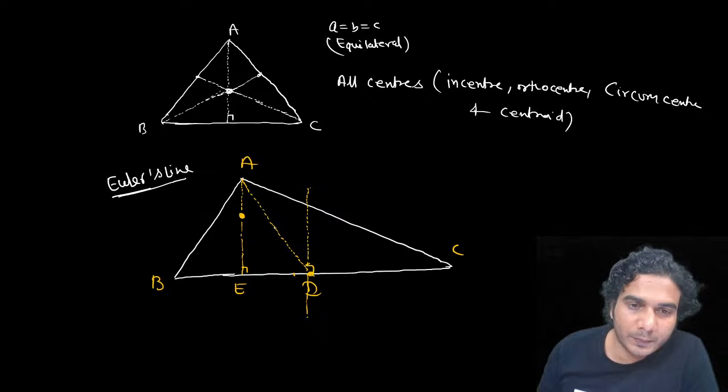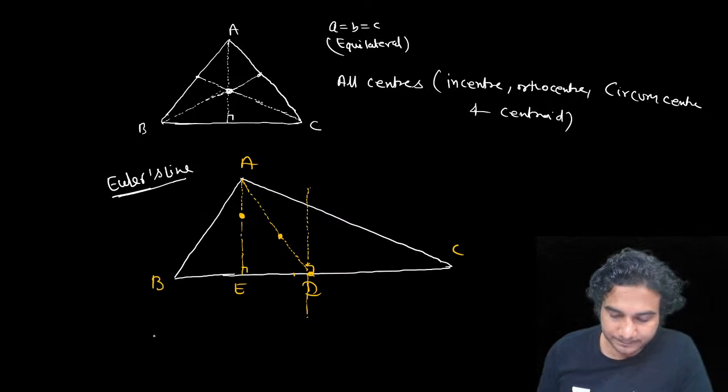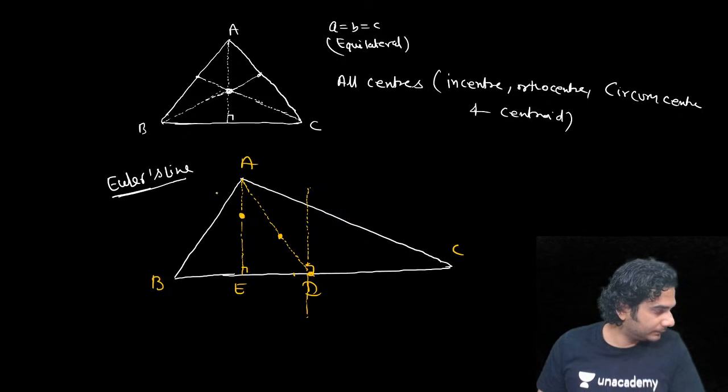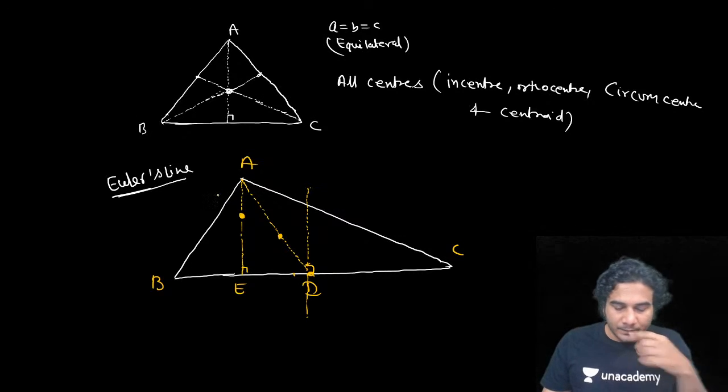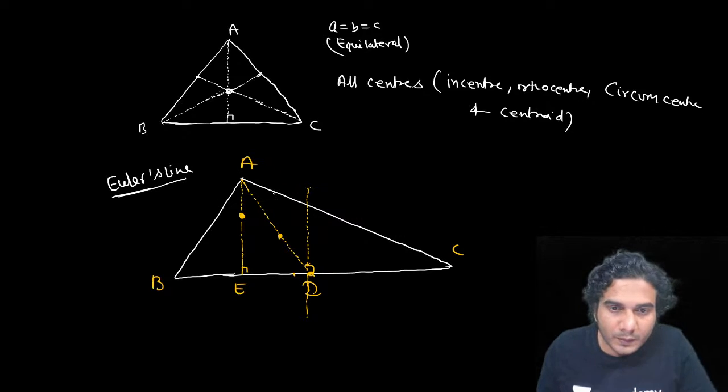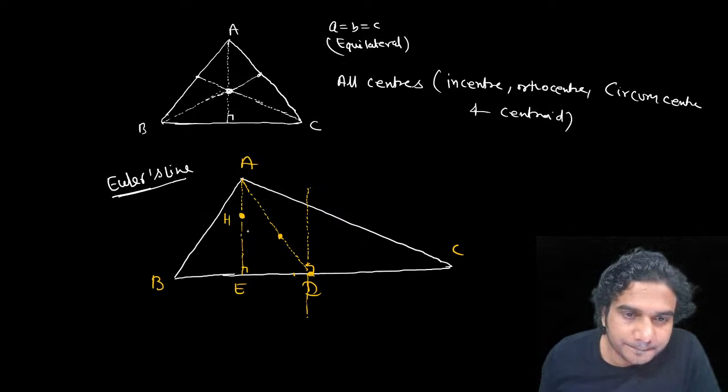So which point lies on the perpendicular bisector, Jia? This is the orthocenter. This is the centroid.